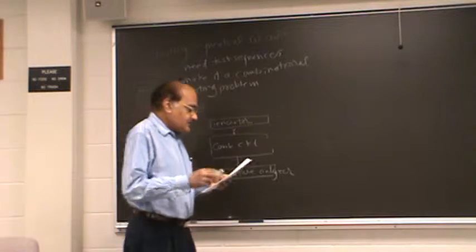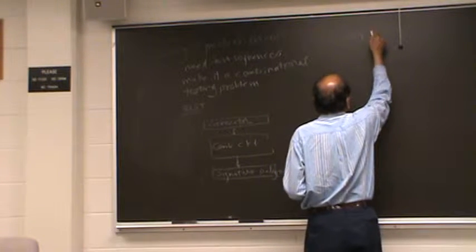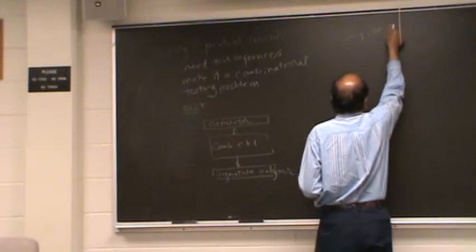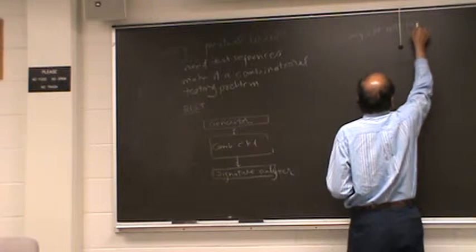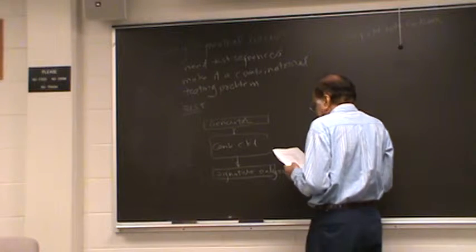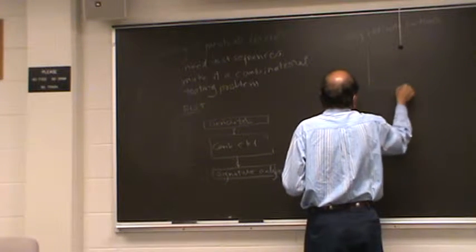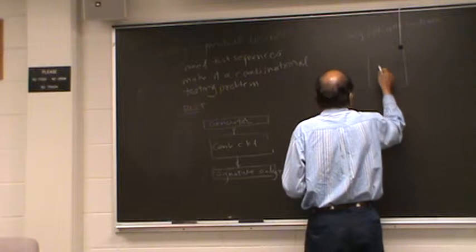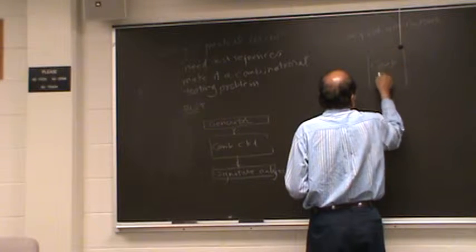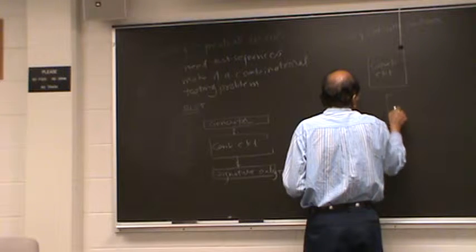Now there are situations when you have sequential circuits with feedback. And in that case, the situation is like this. So you have the combinational circuit, and here you have a bunch of storage elements.